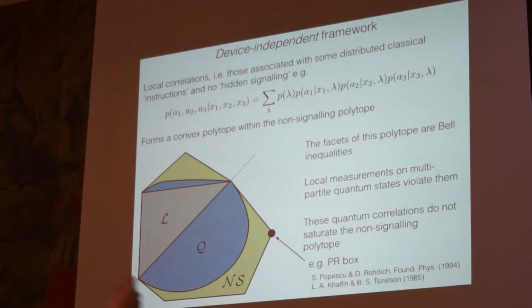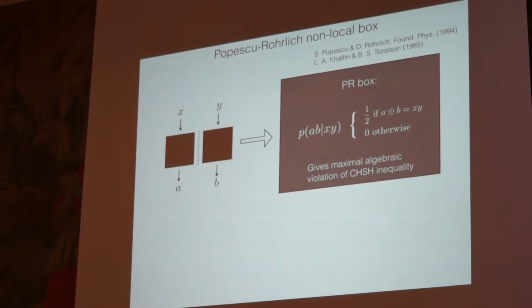So, this was pointed out by Calvin and Saracen quite a number of years before, but unfortunately I think it gets overlooked. So I put it there for completeness. And so, for completeness, I've just got the Popescu-Rohrlich non-local box here. I have two parties, and when their inputs are both not equal to 1, they have perfect correlation.